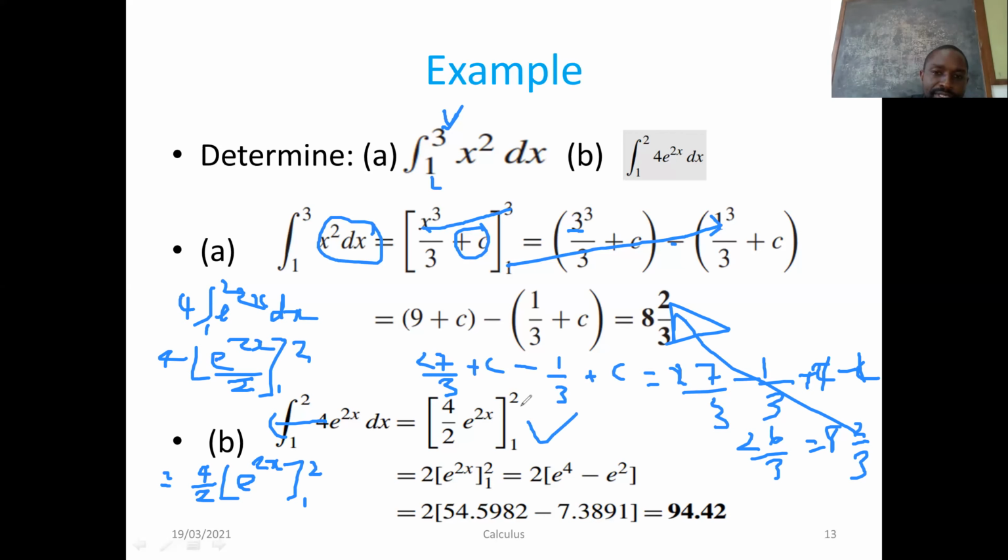And then you can put the upper limit wherever you have x. So maybe before we do that, you can further simplify this to give us 2 e 2x from 1 to 2.